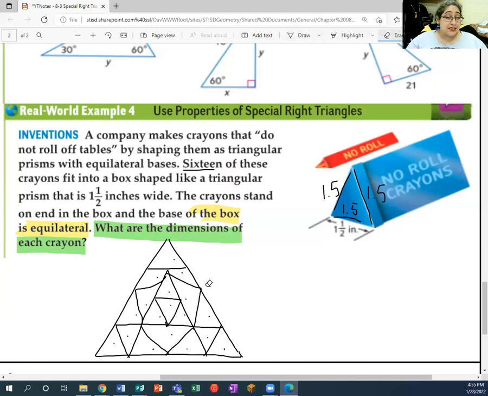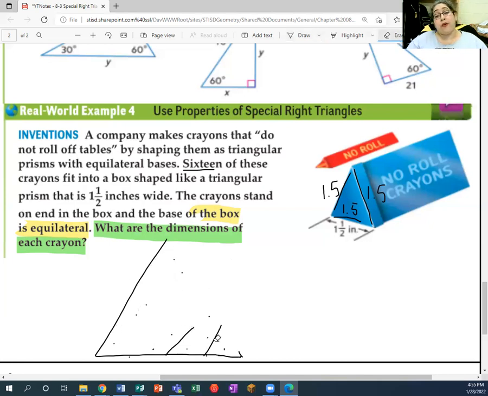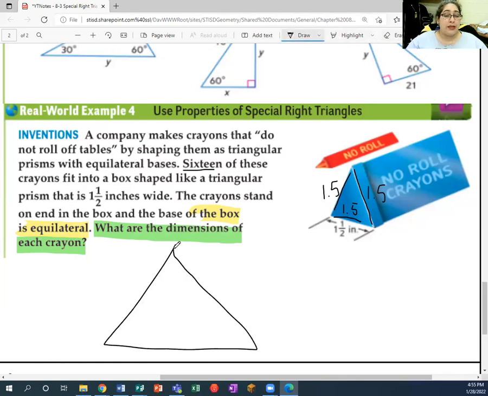This is basically the technique that you're going to use in order to figure out how big the crayons are. Once you know how many crayons are going to fit there, you'll find out how many pieces one of these side legs gets cut into.